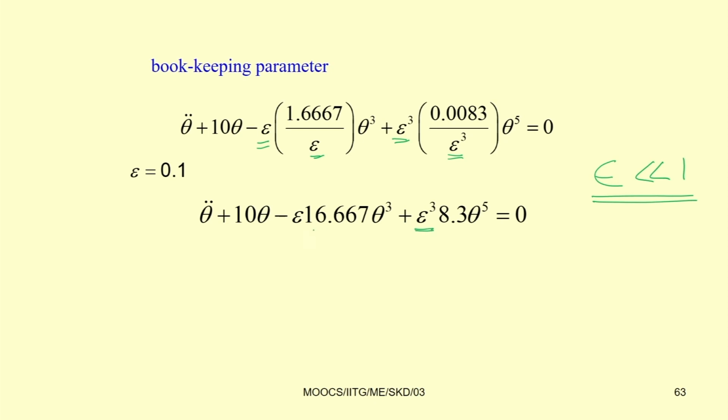Now you can see the numbers 16.667 and 8.3 are much closer to 10. So, by using this bookkeeping parameter epsilon, you have clearly ordered this equation to a form where the coefficients of the nonlinear terms are more or less closer to that of the linear term.